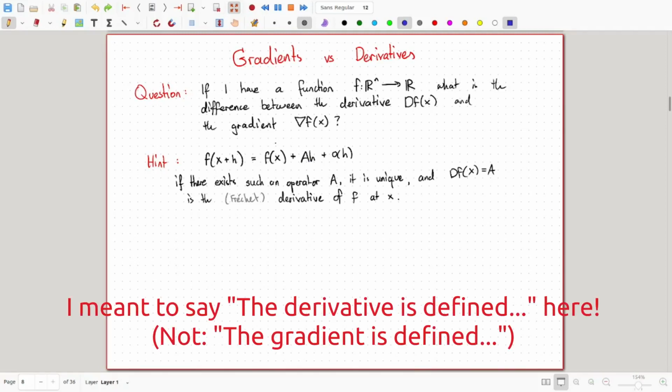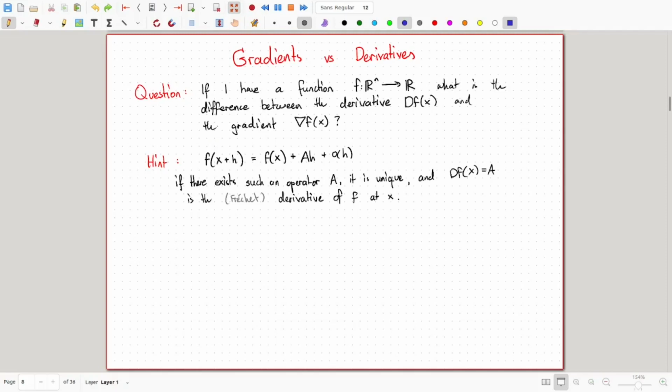The gradient is defined in the following way, or at least it can be, in the case of the Frechet derivative. If you have f of x plus h, and you expand this out, you get some pattern that looks like this, and this linear operator A here, this is what we call our derivative at the point x.